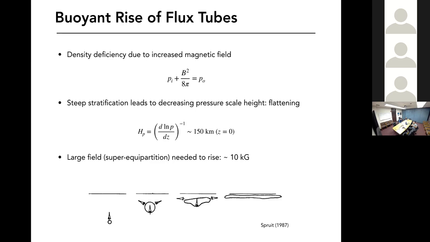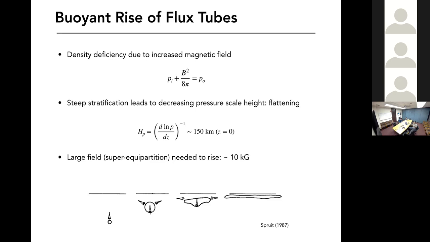One way to characterize the decrease of pressure is the pressure scale height, which is the distance for the pressure to decrease by a factor of e. Near the top of the convection zone, that height is very small, about 150 kilometers. But deeper in the convection zone, it's much bigger.